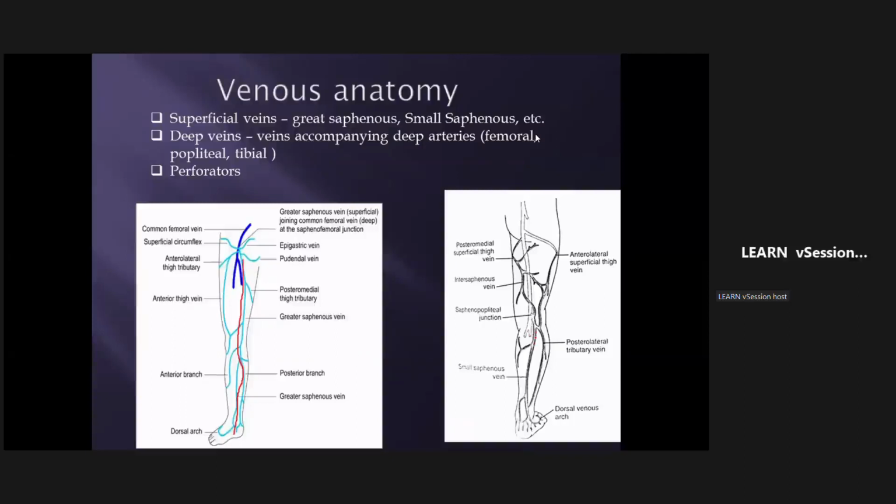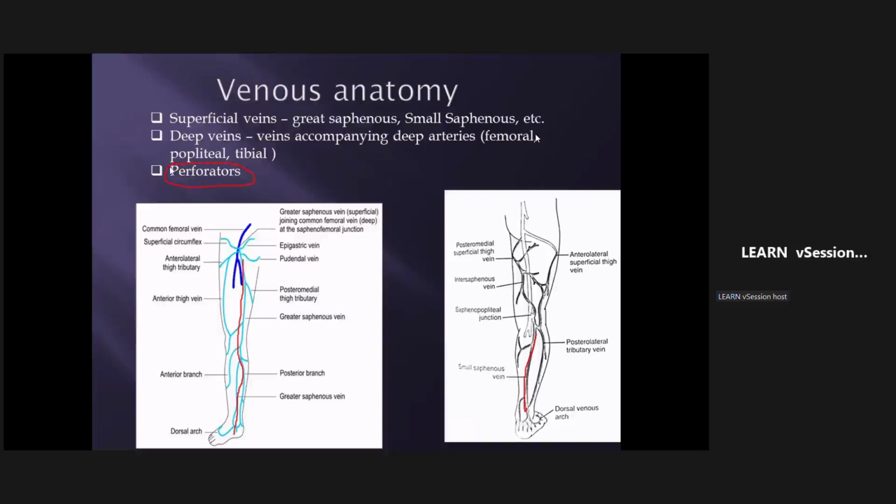Varicosity is mainly behind, in the short saphenous vein territory, but commonly you get it in the long saphenous vein territory. Perforators, of course, you won't see, but you can feel the exit point of perforators in the fascia if they are enlarged.